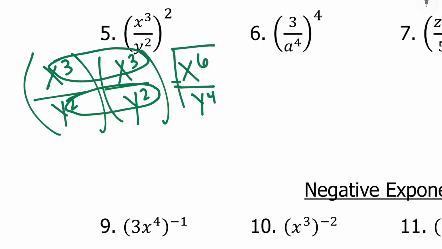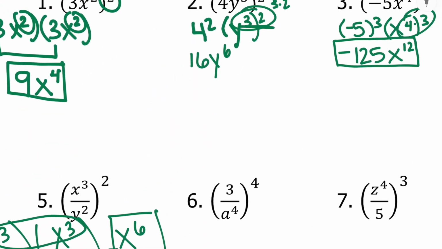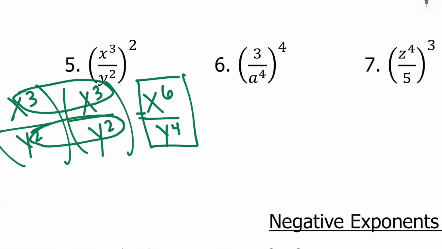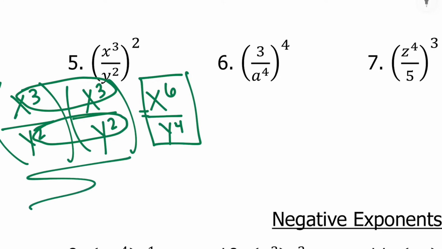So 6, 7, and 8, I'm going to treat the same way I did 2, 3, and 4, where I'm not actually writing all this out because I don't want to do it 4 times. Instead I'm going to put that to the 4th power and put that to the 4th power. So 3 to the 4th over a to the 4th to the 4th.